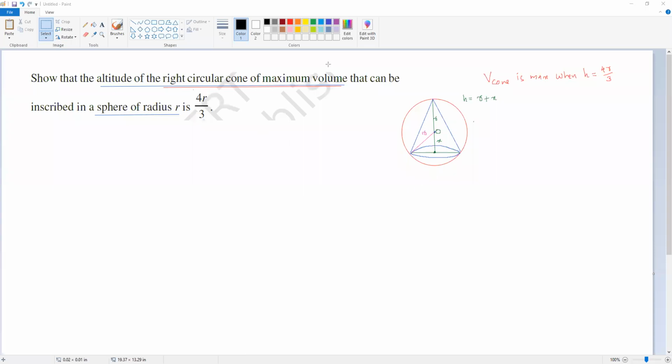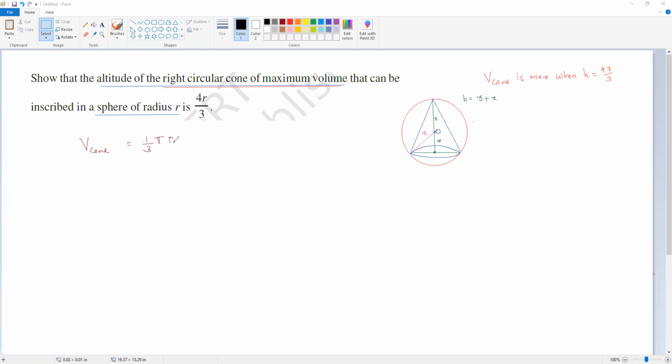Now we have to find the formula for the thing which is to be maximized or minimized. So we have to find the volume of the cone. Volume of the cone is equal to 1/3 pi R square h. Here we will use a different letter, because small r is already used for the radius of the sphere.